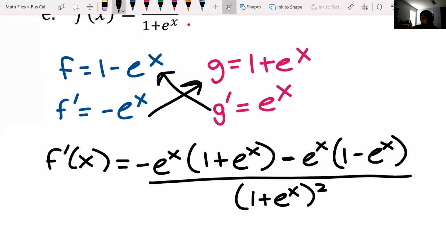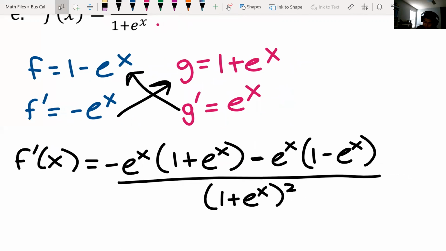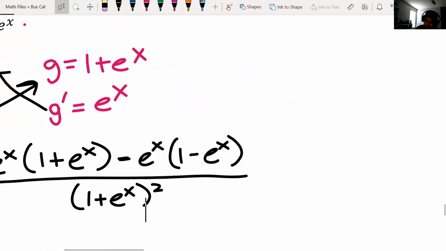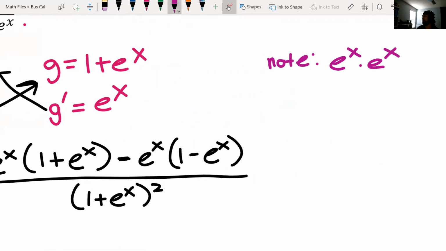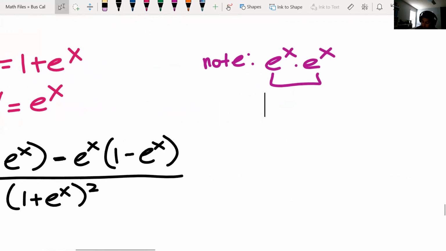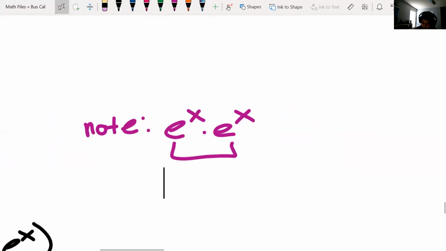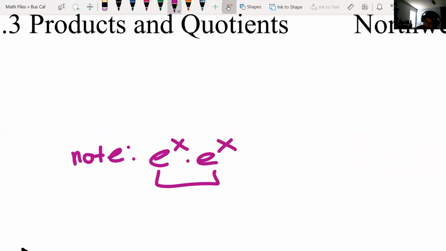So we have to distribute those e to the x's. So before I do that, just a side note. When you have e to the x times e to the x, since these are the same base, you add the exponents.